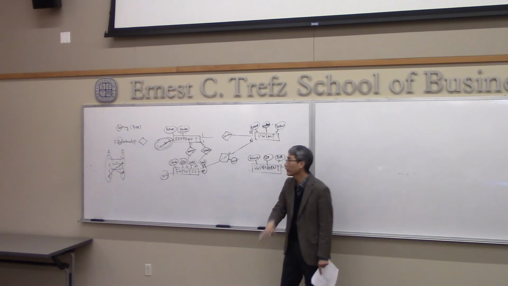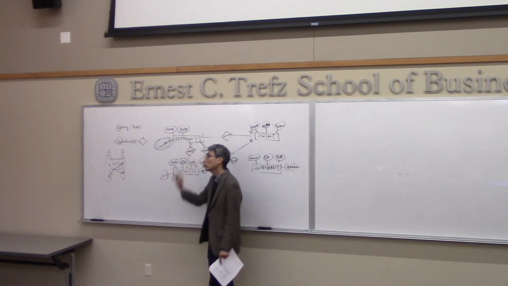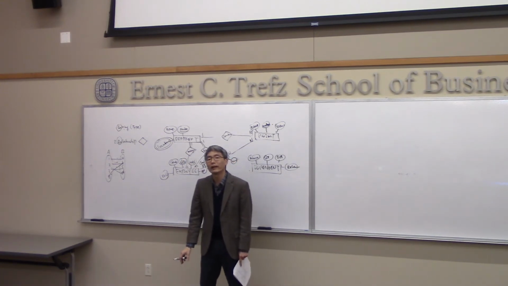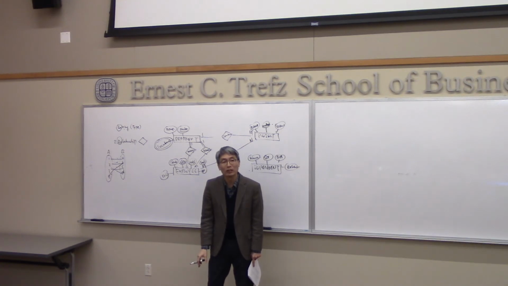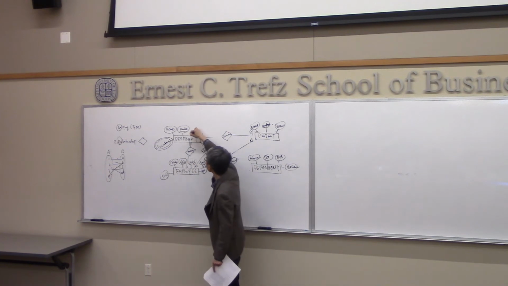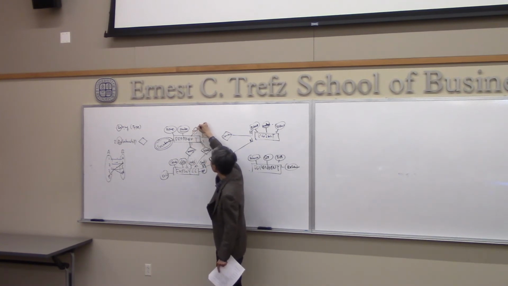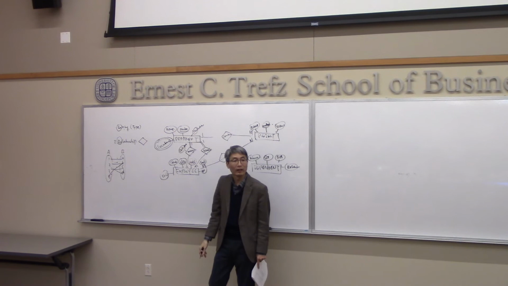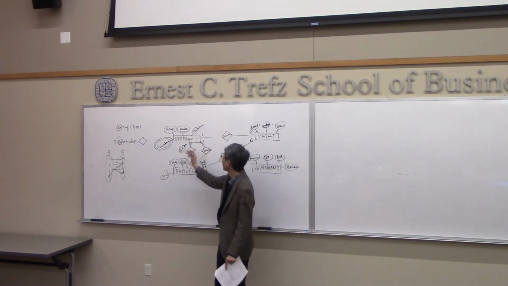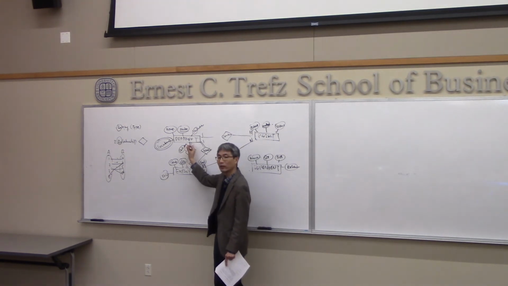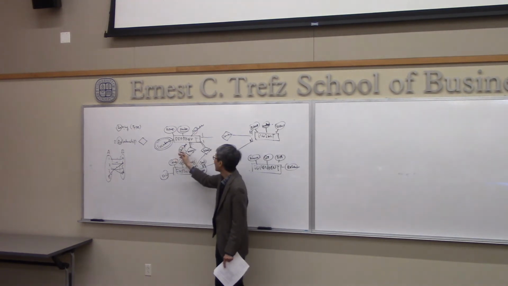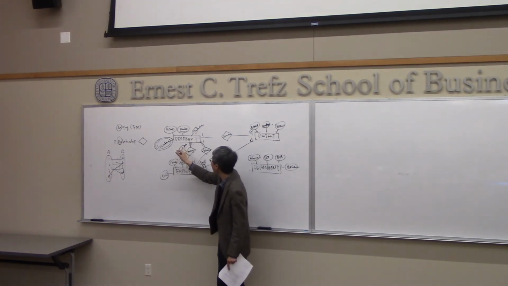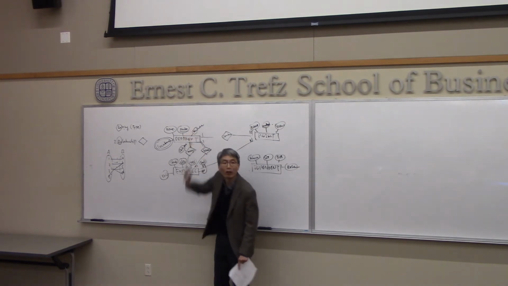Okay? Somebody may be curious: what about one-to-one, one-to-many? Can they have attributes, for example, start date? Where is the start date? It may be possible to put the start date here. However, this is a one-side mapping, so it doesn't matter whether the start date is here or here.